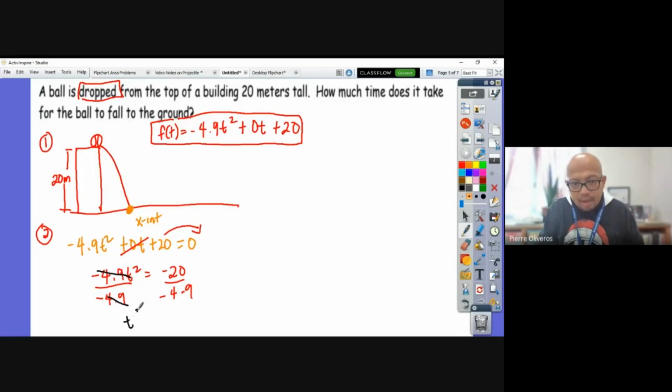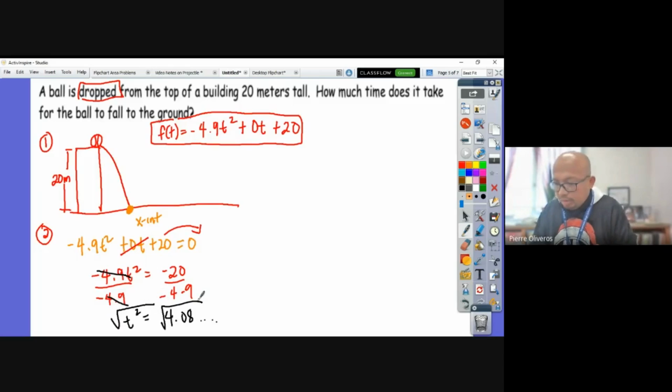Okay, so negative 20 divided by negative 4.9 will give me 4.08162653, there's a lot more. I'm not going to cut it out. I'm going to keep that one, use the memory of my calculator, and then take the square root.